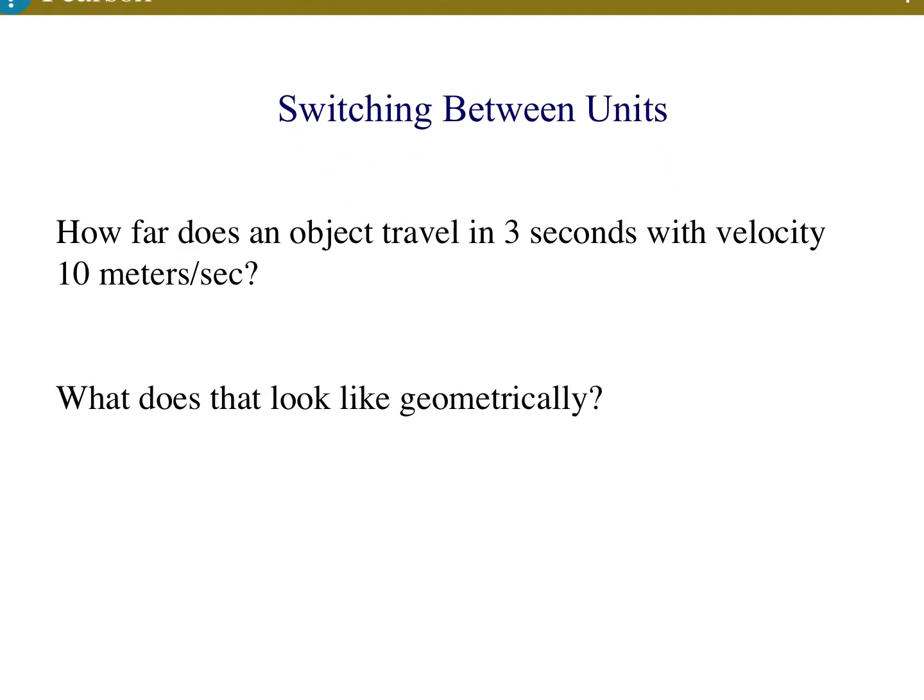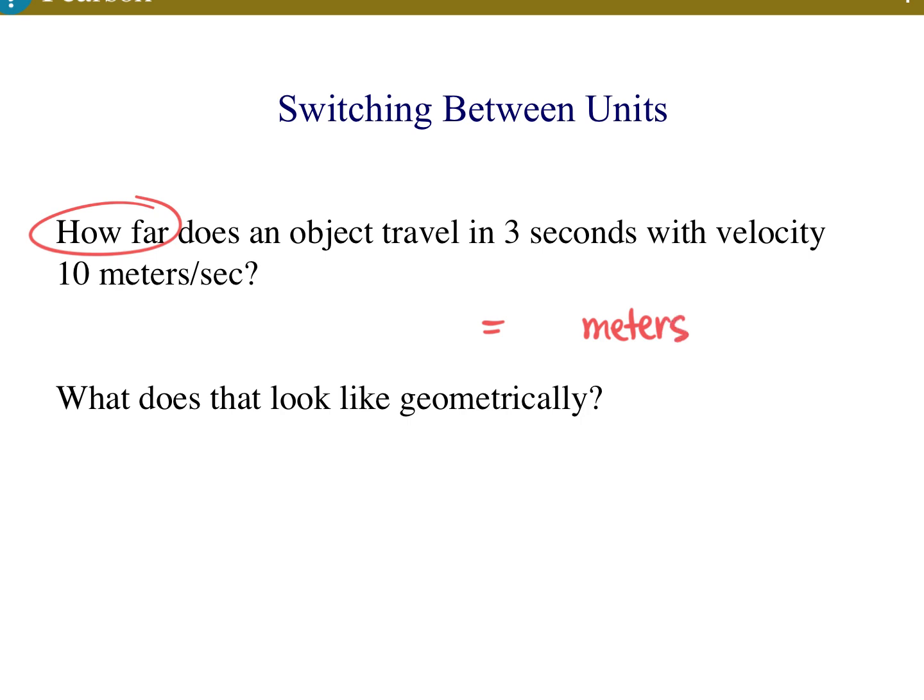So in a physics class, you might be asked a basic question. How far does an object travel over a 3-second time interval if its velocity is constant at 10 meters per second? Understanding the question helps you know what kind of units you're supposed to have. So if we want to end up with how far, our answer should end up with meters.